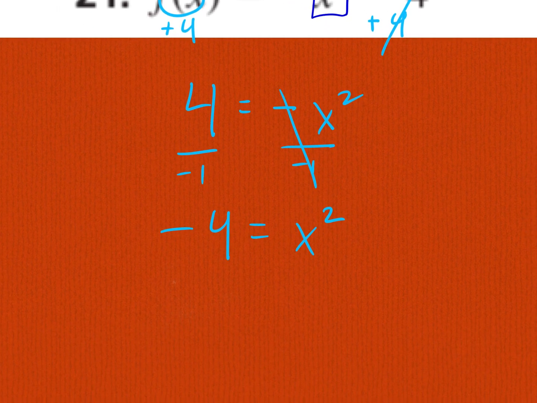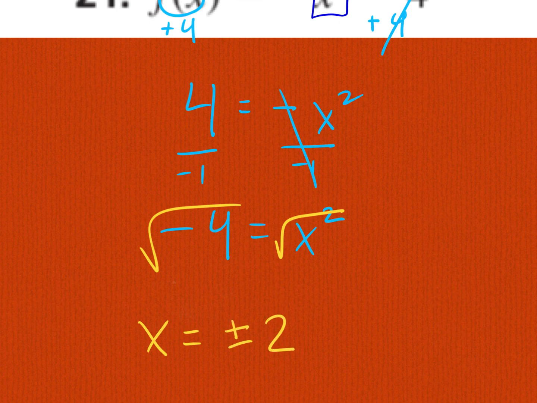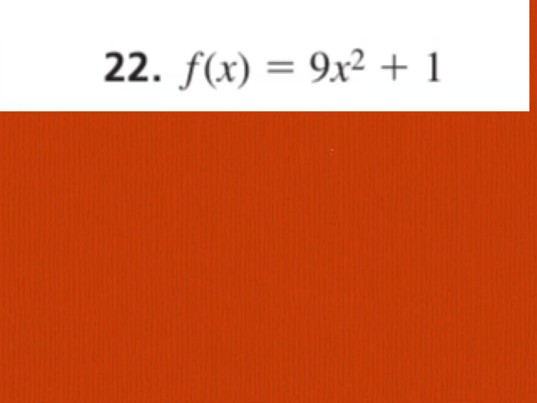What do we do next? Square root both sides. So we get x is equal to what? Plus or minus, awesome, 2i. We take the negative out, turns into an i, and the square root of 4 is 2. And then anytime we take the square root of both sides, do not forget your plus or minus. For 22, what should we do first?